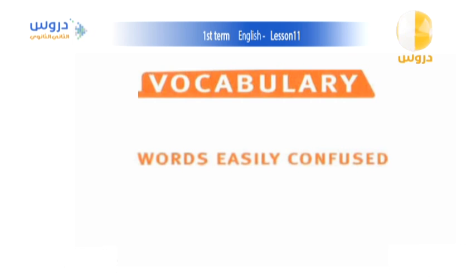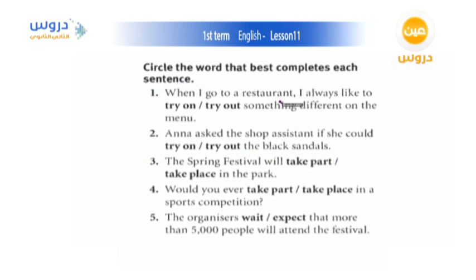So words easily confused, or some words that are confusing. Okay, let's take an example of a list of words like the following. Circle or underline the word that best completes each sentence. So now we need the meaning. For example, number 1: when I go to a restaurant, I always like to try on or try out something different on the menu.